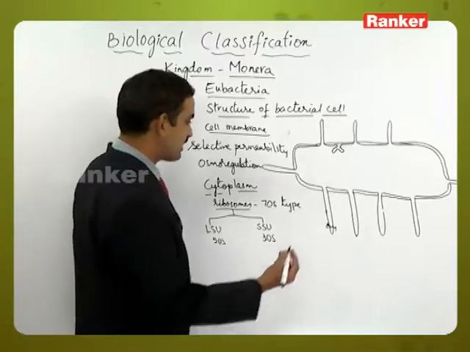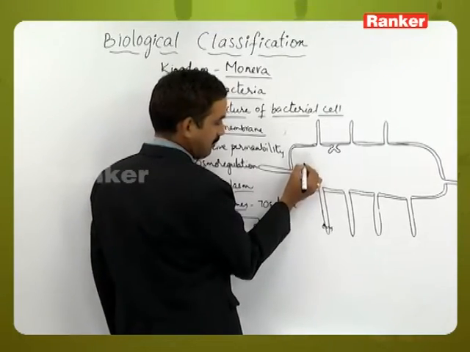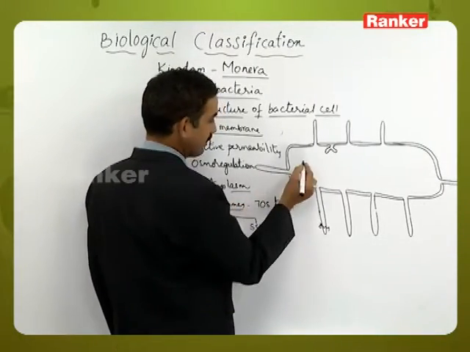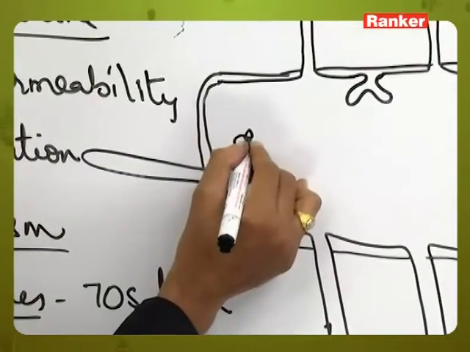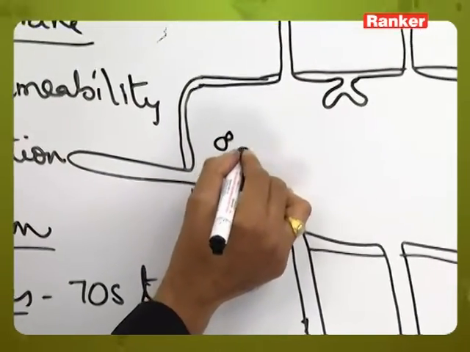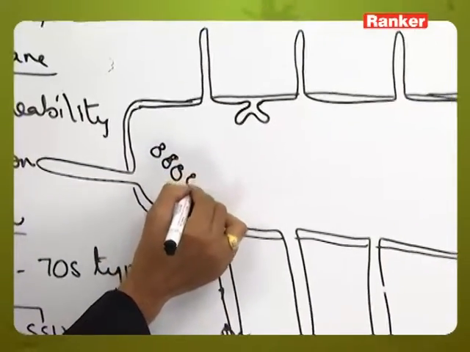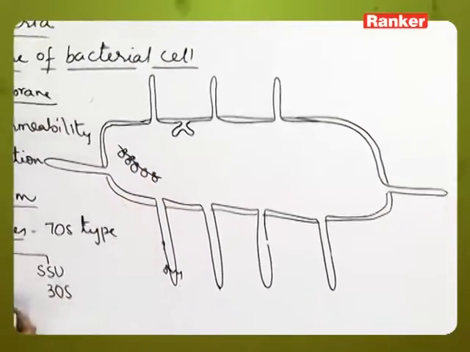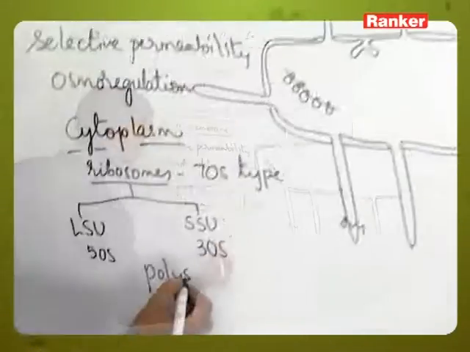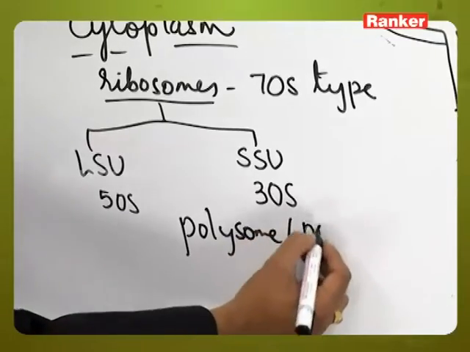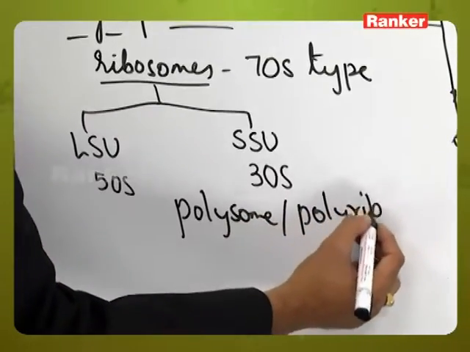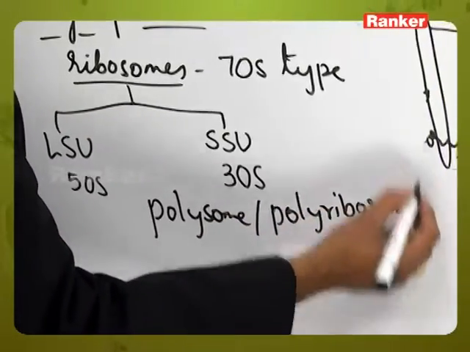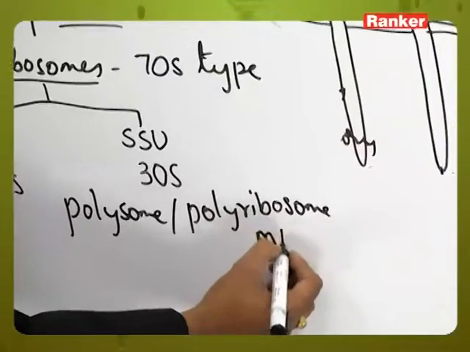Generally, whenever the process of protein synthesis is taking place, the ribosomes will be in the form of a chain-like structure. This chain of ribosomes is called a polyribosome or polysome. The polysome or polyribosome is formed with the help of an mRNA molecule.